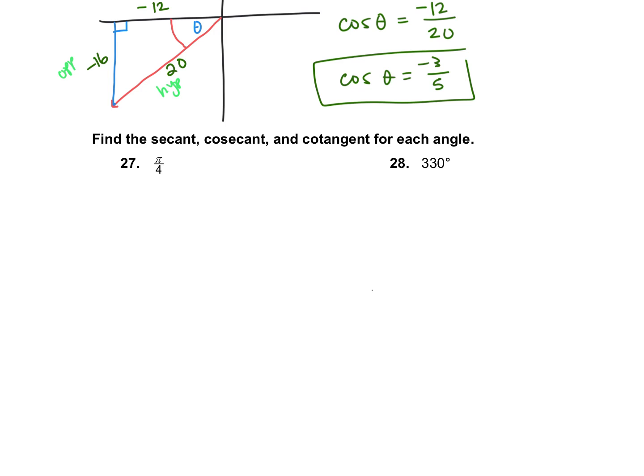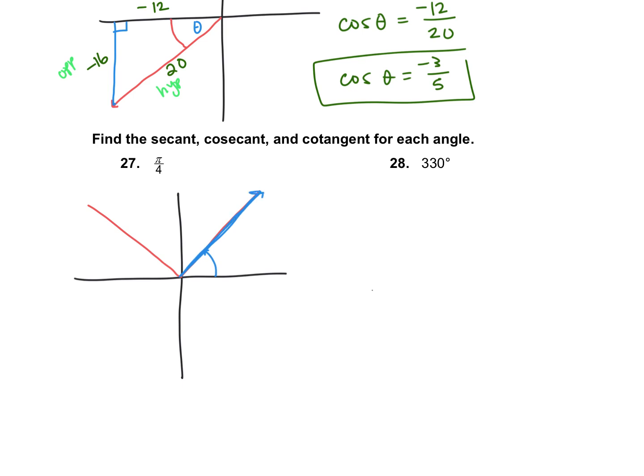All right, so pi over 4, we take pi, the top half, we divide it into 4 equal parts. 1, 2, 3, 4. Pi over 4 is just one of those, so this is where your pi over 4 angle is.